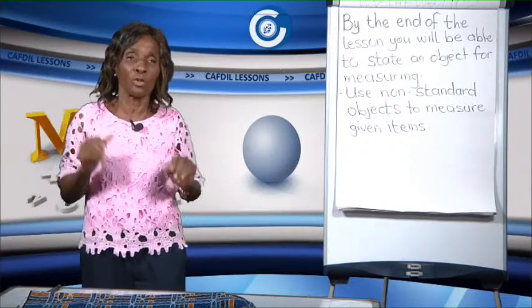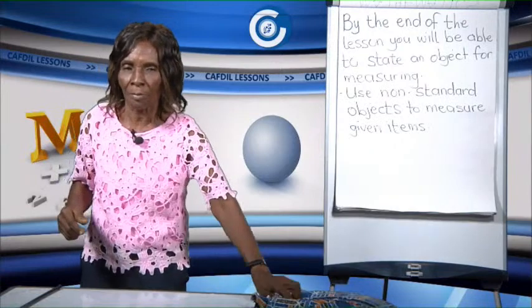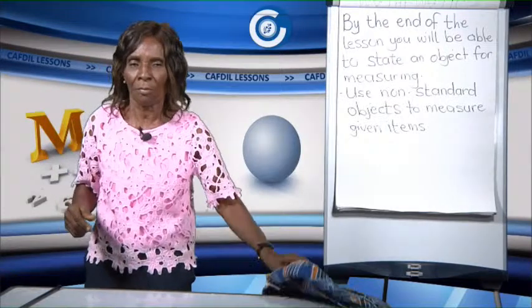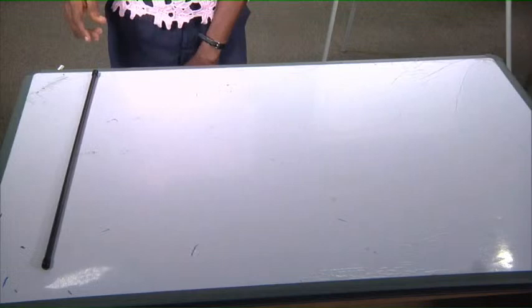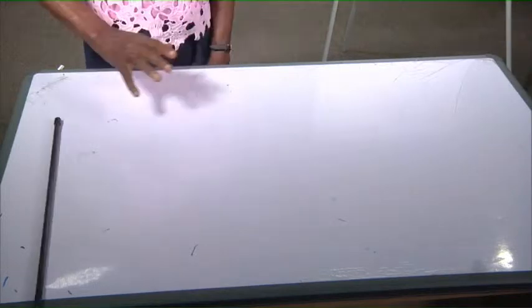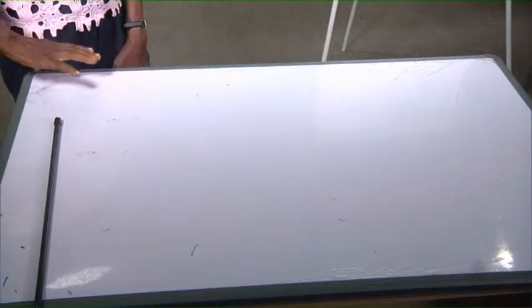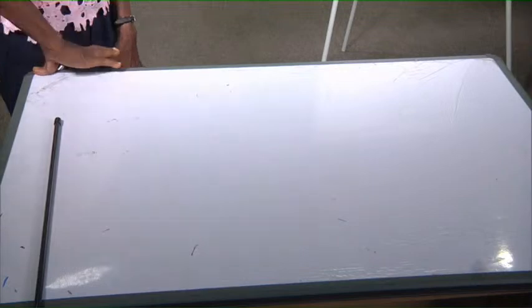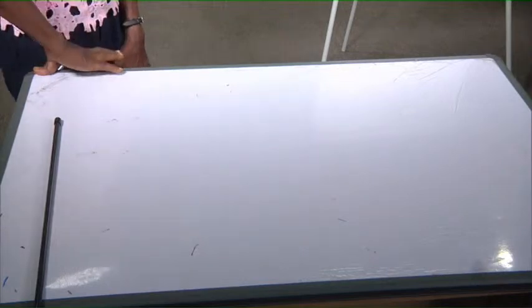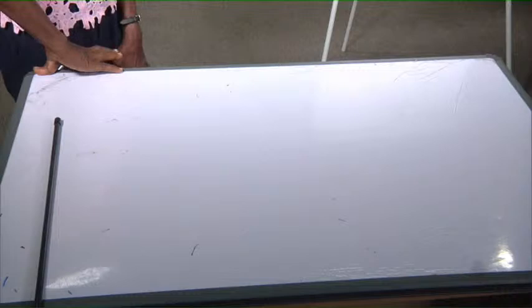Look at how I do it. Are you ready? Look at it. I take my thumb here, and then the little finger goes this way. So whilst I measure, you count for me.